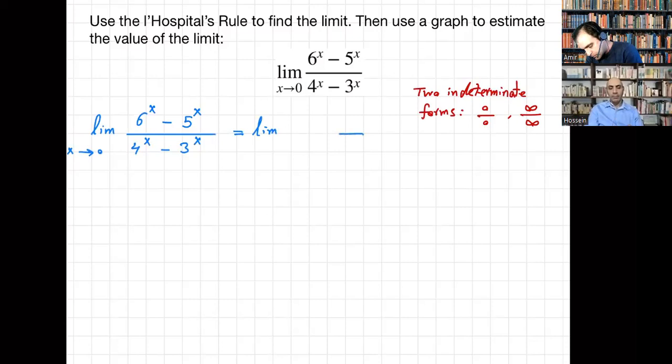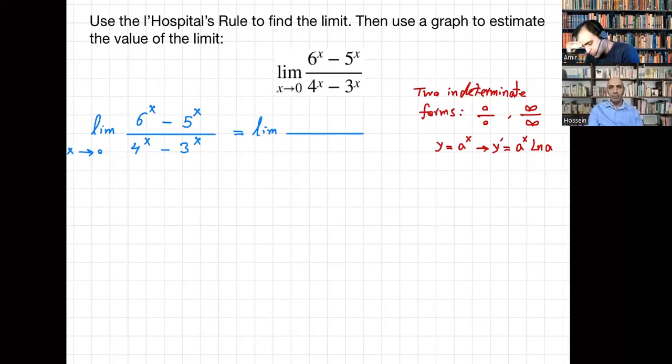So for this function, let me write on the side: when we have a function y in terms of x equals a to the power of x, when a is a positive constant, then the derivative of that one is a to the x times ln of a, natural logarithm of a.